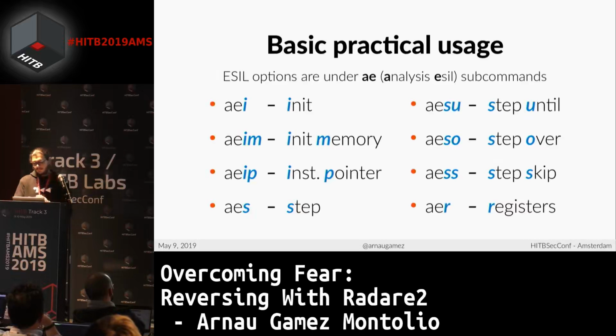I want to mention the difference between, for example, step over and step skip. Step over: we are at a call to a function, and step over will not go into that function and will emulate all the stuff.